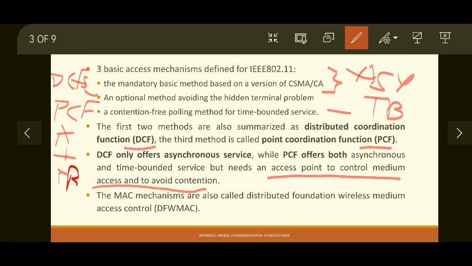But in the case of PCF, even for asynchronous services, you will require an access point to avoid contention. Contention period means the period in which users compete with each other for accessing a medium. This is important.